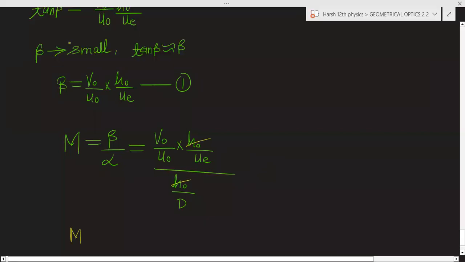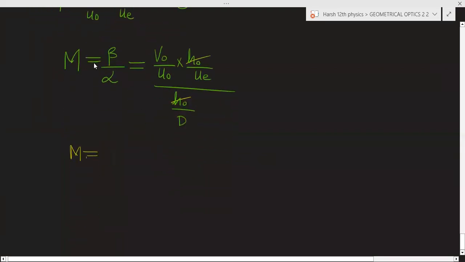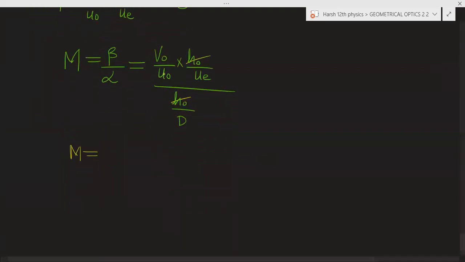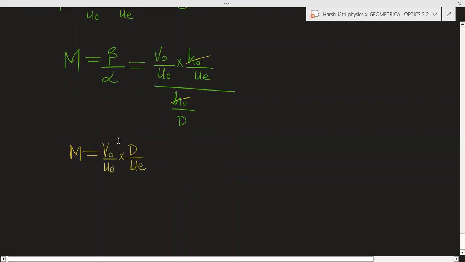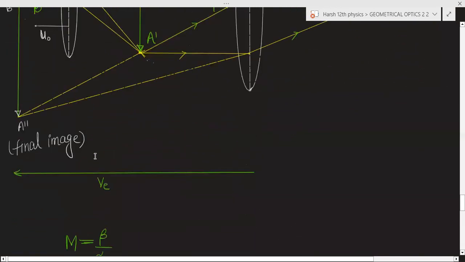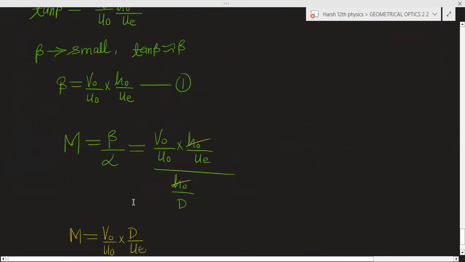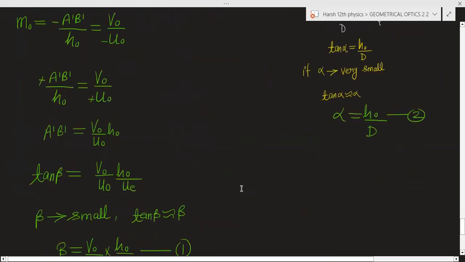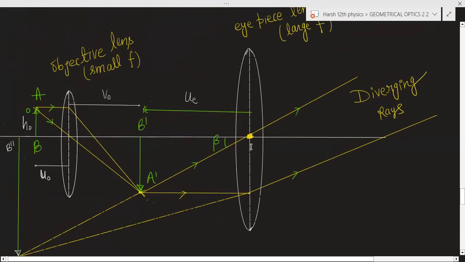So the magnification for the compound microscope will be V naught by U naught multiplied by D by UE. Now see, V naught by U naught is the magnification for the objective lens, and D by UE is the magnification for the eyepiece lens.